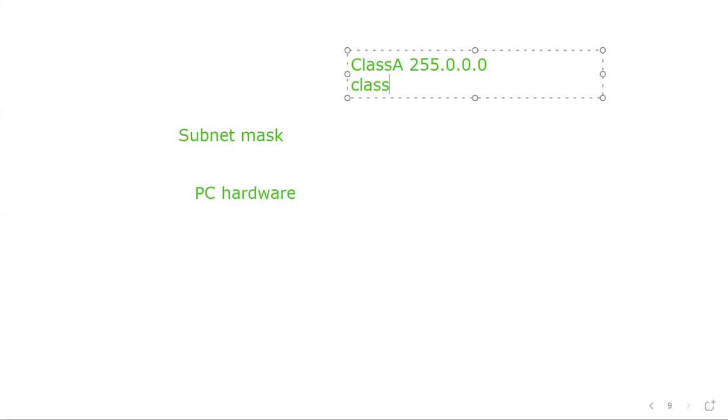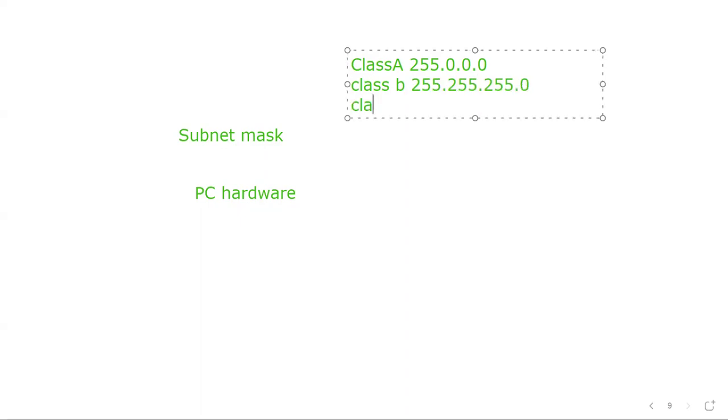Class B subnet mask has two fixed, so we can write 255.255.0.0. And class C has three fixed: 255.255.255.0. Oh, sorry, I made a mistake in the earlier one. It is this. Okay.